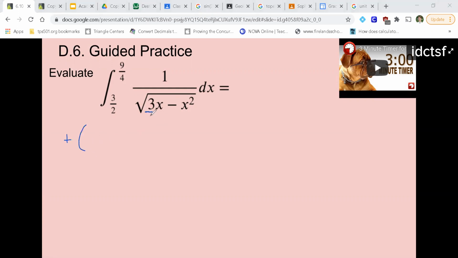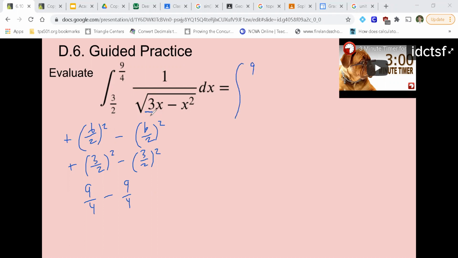So we're going to add b over 2 squared, subtract b over 2 squared. So for us, that's going to be 3 over 2 squared and 3 over 2 squared, which is 9 over 4, 9 over 4. So to be honest, you could just leave it as 3 over 2 squared. So then if we rewrite, this becomes the integral of 9 over 4 of 3 over 2.